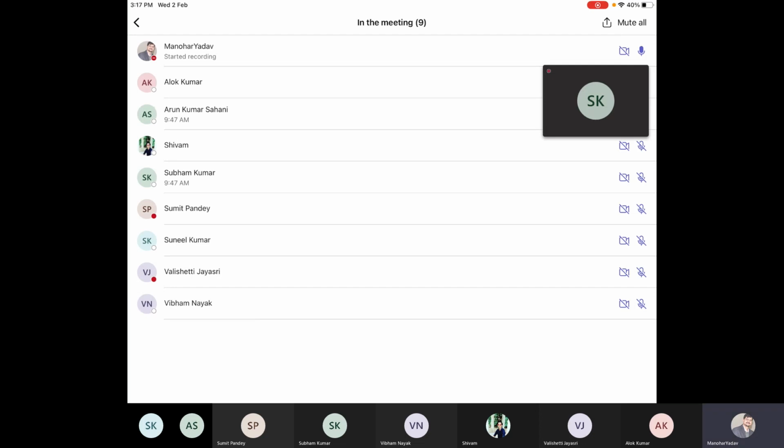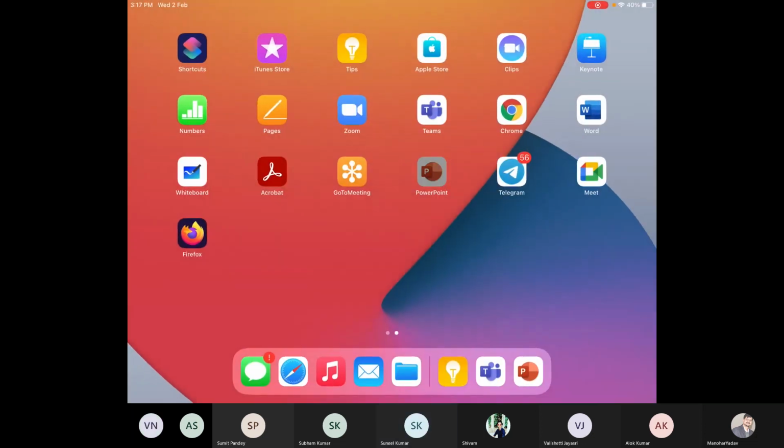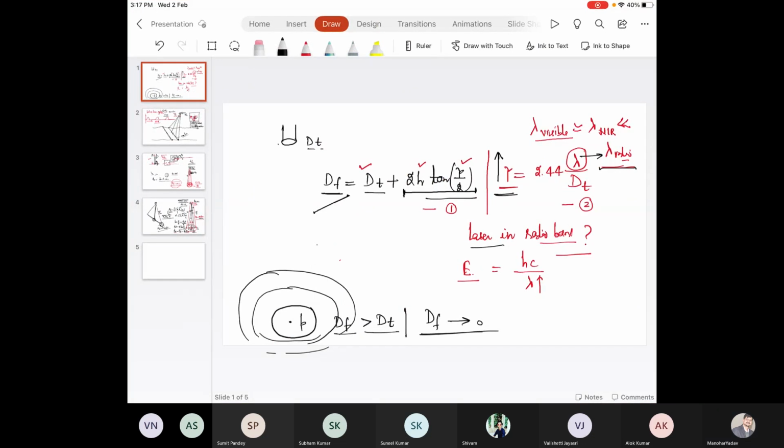Sunil Kumar, could you please unmute? Yes, sir. Is the question clear to you? Please repeat the question again. The question is: for water body mapping, why do we select a laser beam in the green band?